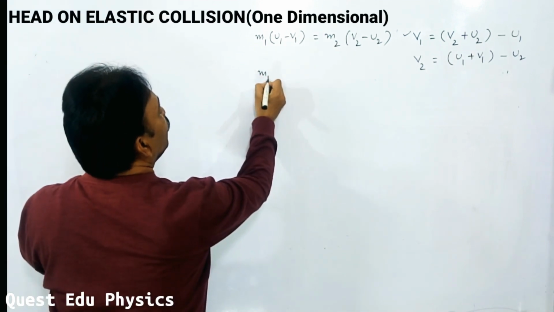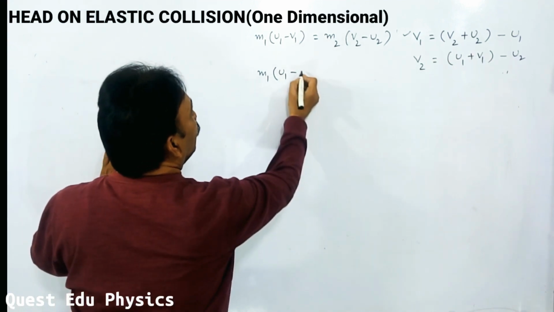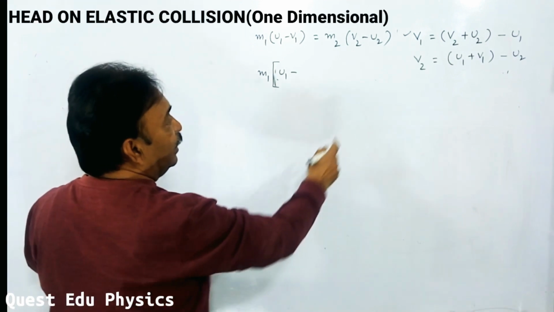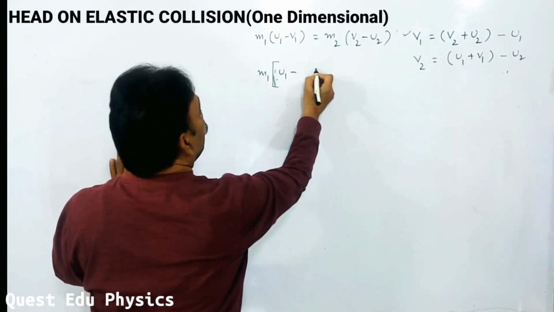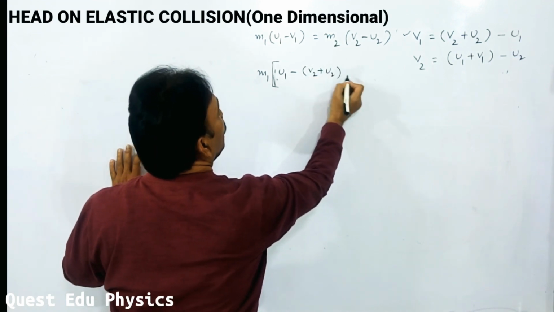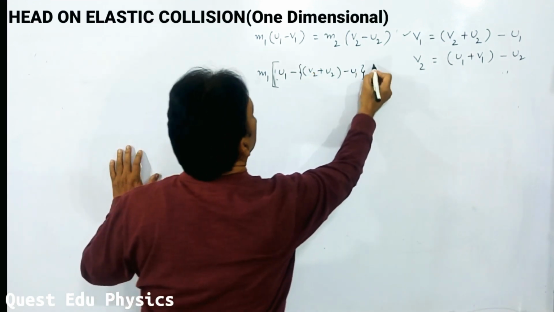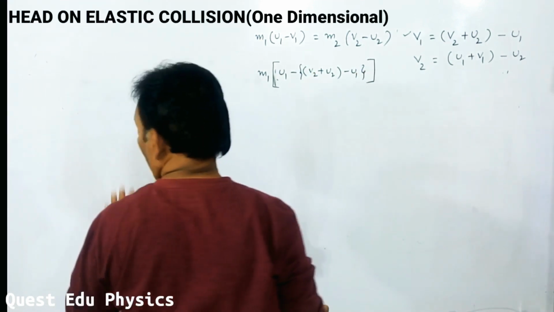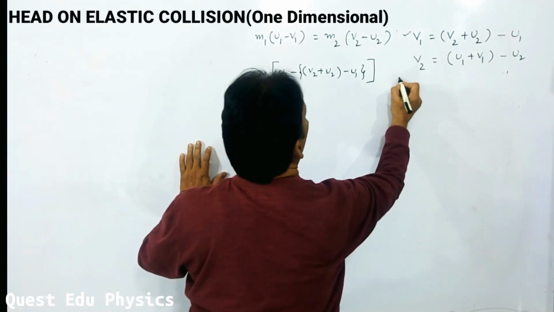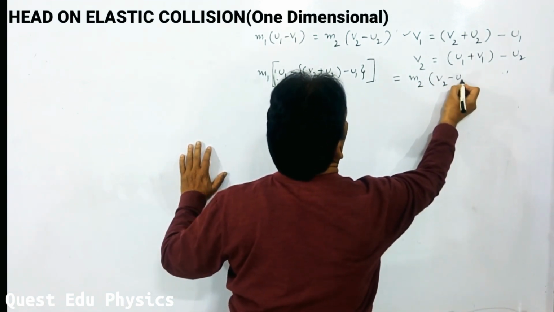So this m1 of u1 minus v1, where v1 is equal to v2 plus u2 minus u1, is equal to m2 of v2 minus u2.